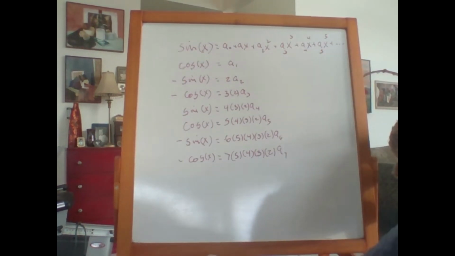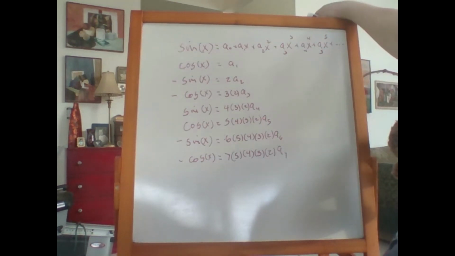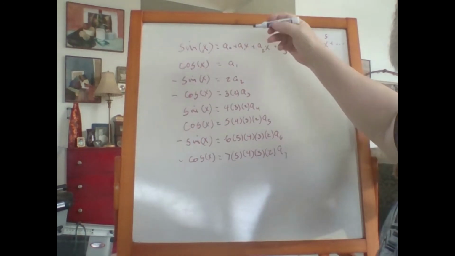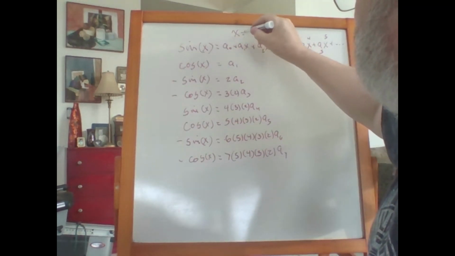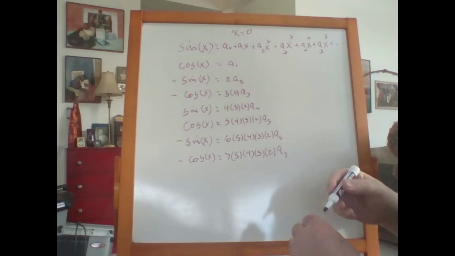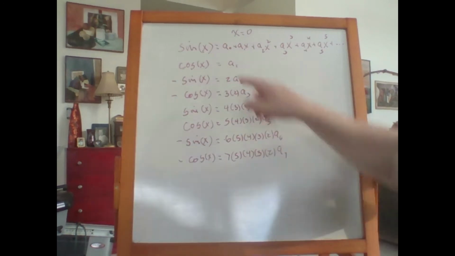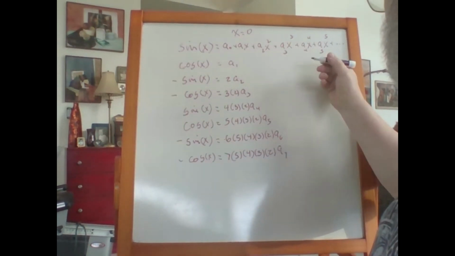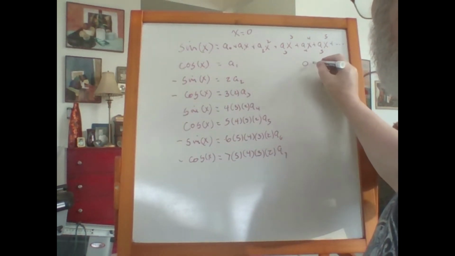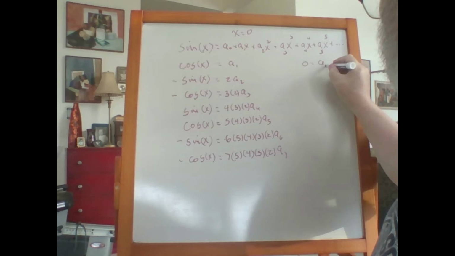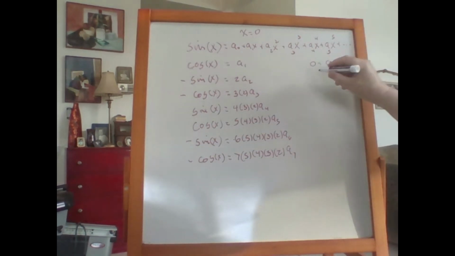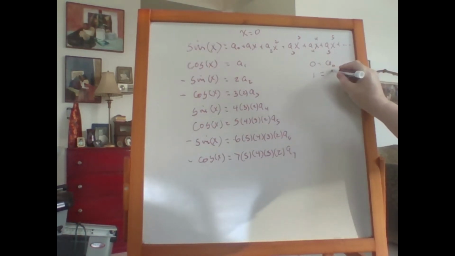Okay, so we're going to set x equals 0 again. The sine of 0 is 0, so a naught is 0. Now cosine of 0 is 1, equals a1.